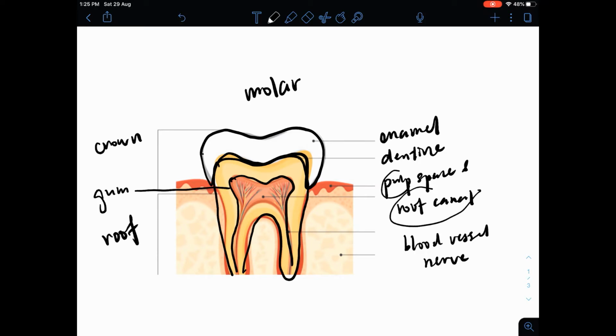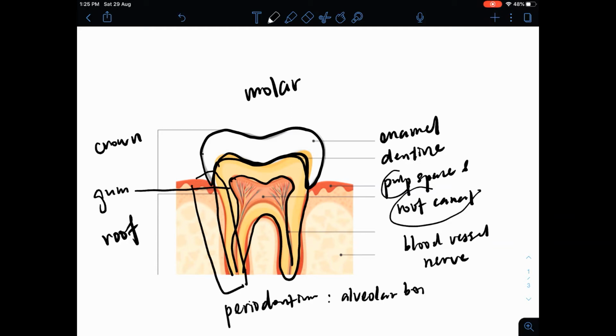The tooth is supported by supporting structures known as the periodontium, which consists of the alveolar bone, the gum, cementum, connective tissues, and some ligaments.